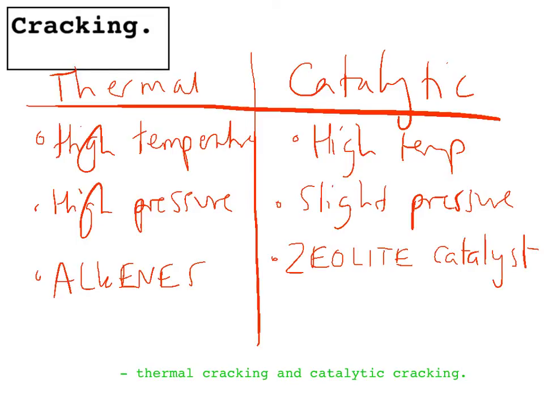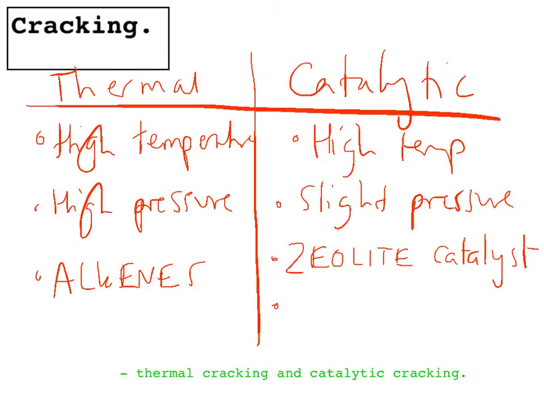So if you're ever asked why a zeolite catalyst is used rather than, say, a block of metal, it's because it has a honeycomb structure which increases the surface area. And you know that if you increase the surface area of a reactant, although this is a catalyst, not really a reactant, it will increase the reaction rate as well. You don't need to know the actual substance that is the catalyst. This is what they're looking for in an exam if they ask you what the catalyst is for cracking.